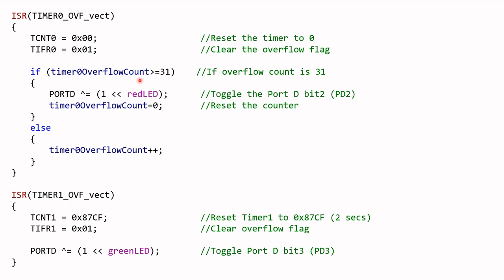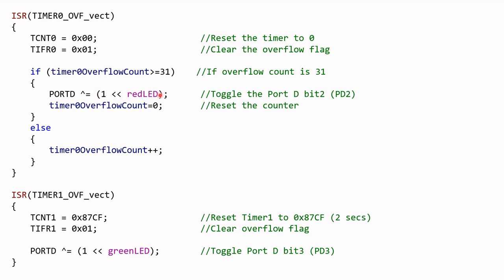So if the overflow has reached 31 times, or the timer has completed 16 milliseconds 31 times, then we invert the LED. So if the LED is a 1, it will turn to 0.